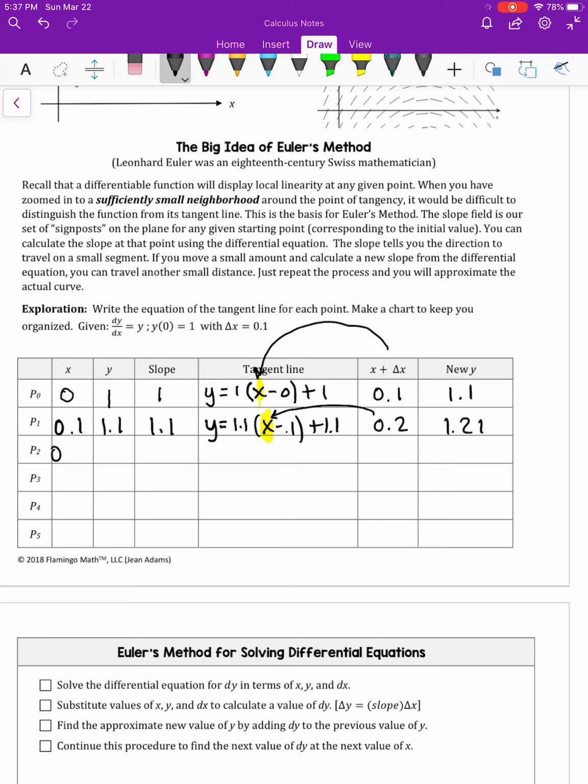So your new y value is 1.21. So then you've got 0.2 and you've got 1.21. And then since your slope is your y, there's your 1.21. y equals m times x minus x1 plus y1. And then you increase your x and put that value in for your x here.